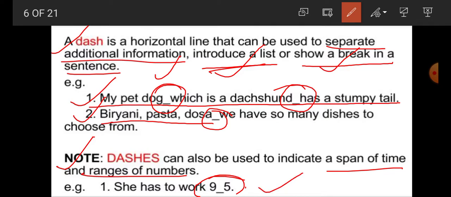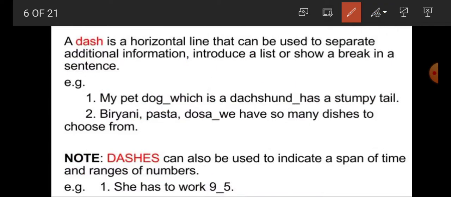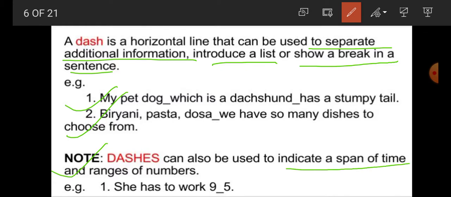So here we get, students, that a dash is used to separate additional information, to introduce a list, and to show a break in a sentence. The examples are given here, and with the help of the examples we have understood. One more use is that a dash is used to indicate a span of time and a range of numbers. For example, she has to work 9 to 5.